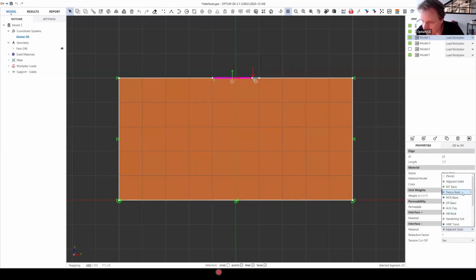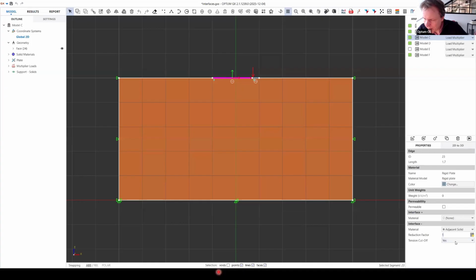It's usually not relevant. Usually it's the parent soil material you want. And then there's a reduction factor. That applies to C and phi. In the case of Tresca, it's to cu. So that's 1. That could be anything between 0 and 1.